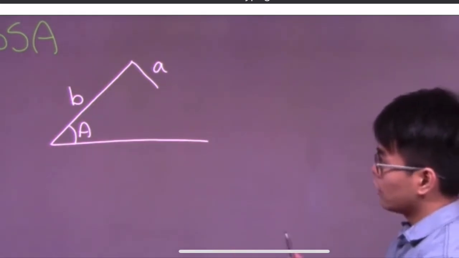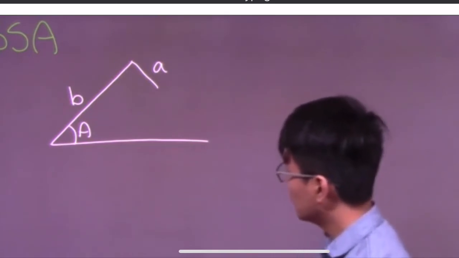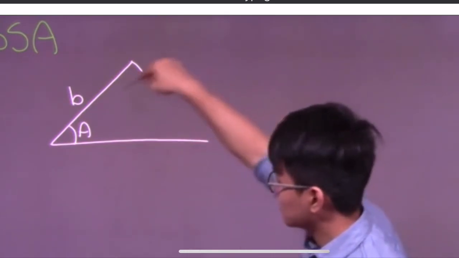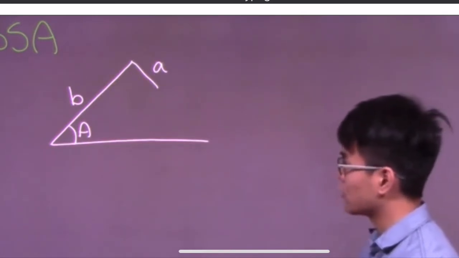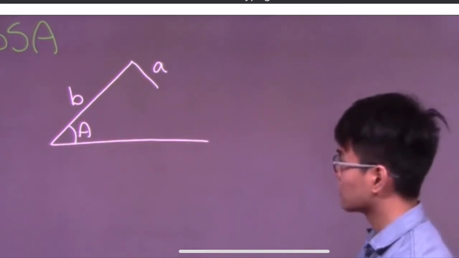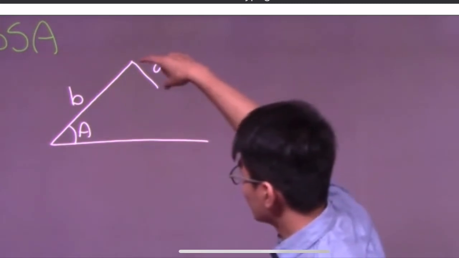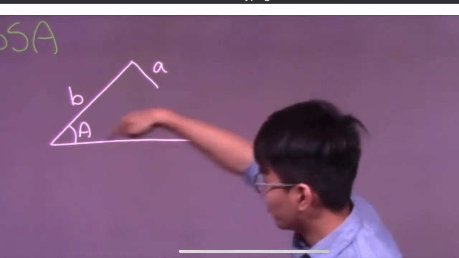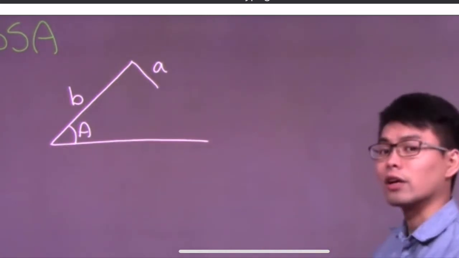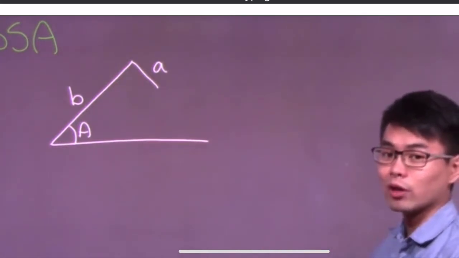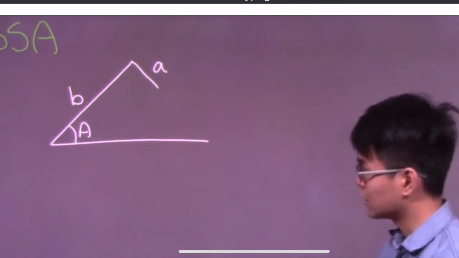Now, you might wonder, why am I drawing it like this? I'm not even drawing a triangle. This side is so short that it doesn't even touch the base to make a triangle. That's exactly what I'm trying to say here.